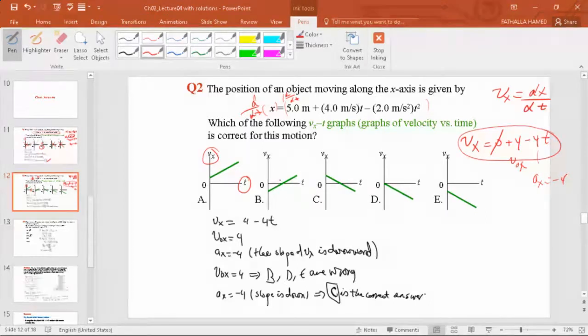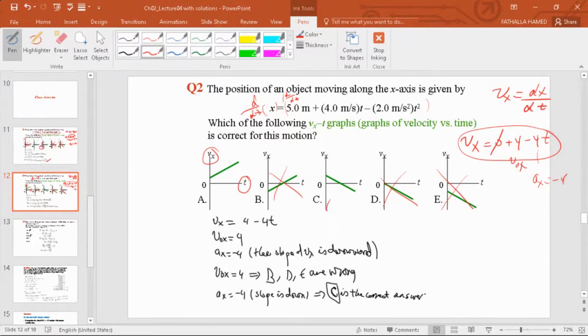This one will start from a negative velocity, so that's wrong. This one from 0, that's wrong. This one is wrong. So you're between C and A. But A tells you that your velocity is going to be continuously increasing, but you have a -4 here.